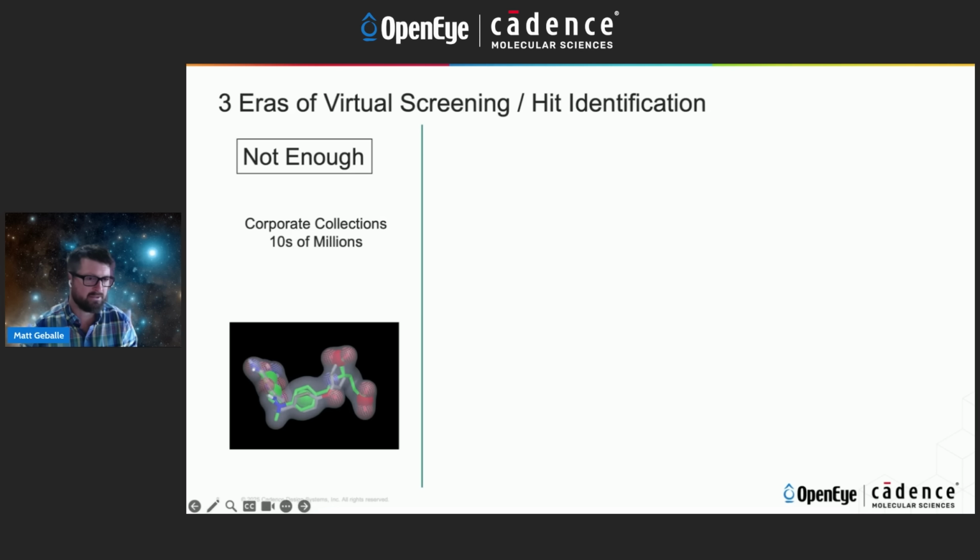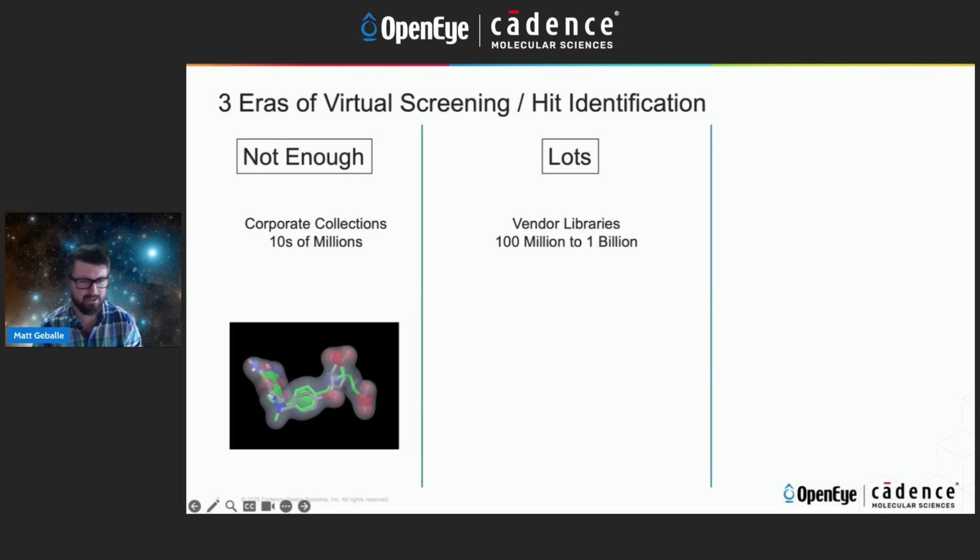But about 10 years ago, we changed from wanting to search tens of millions to wanting to search hundreds of millions to billions of compounds. This was really based on the rise of chemical vendors and make to order compound libraries, and vendors actually got very good at delivering these compounds with a high degree of success.